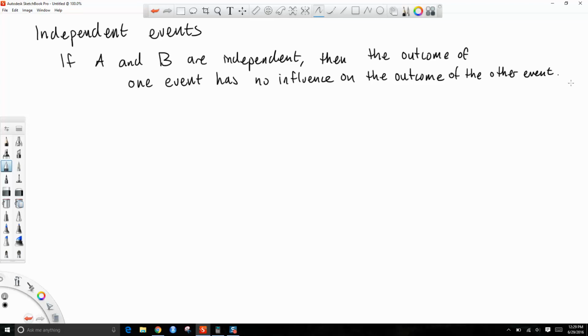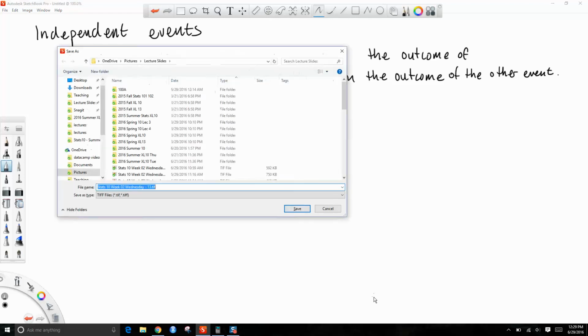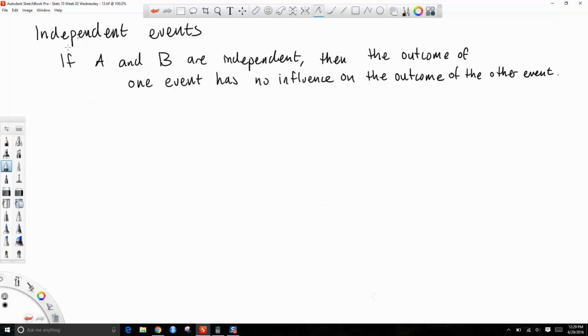So we can think of things that are independent. Earlier we saw, if A was a native English speaker, and B is from the USA, these are not independent events.